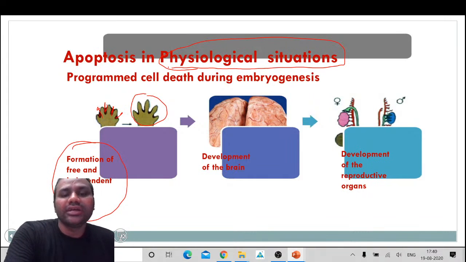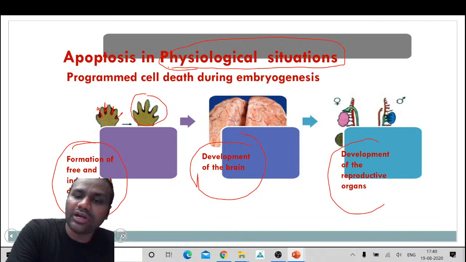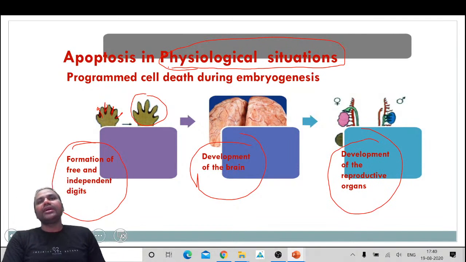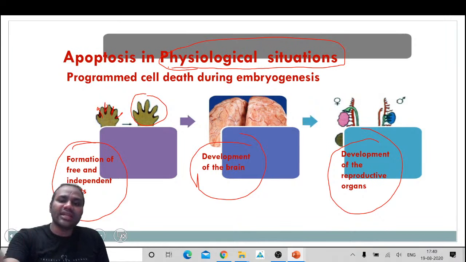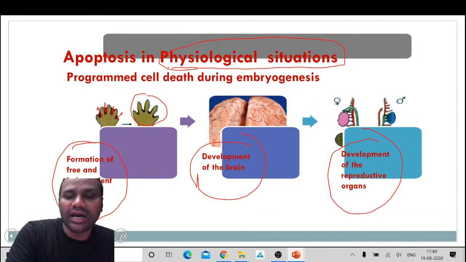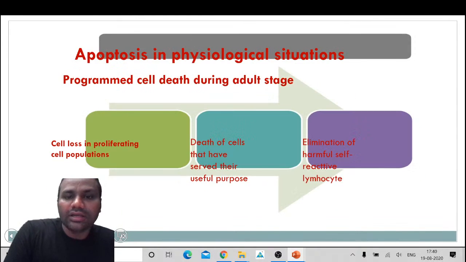Similarly, development of the brain also requires apoptosis, and so does development of the reproductive organs. We know that Mullerian structures are inhibited by Mullerian inhibiting factor, and hence the male genitals are formed. So male organs are also formed because of that.